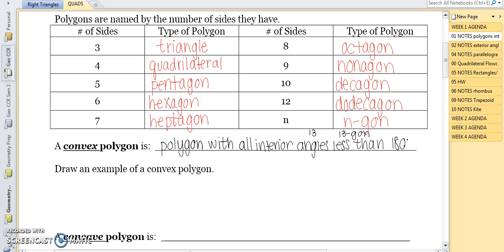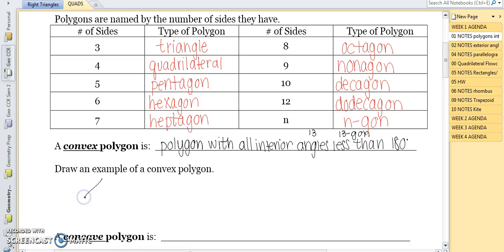When we're drawing this example of a convex polygon, we are going to make sure that all of these angles are less than 180 degrees or less than a straight line, which will probably be easiest for you to do as opposed to our concave polygon.